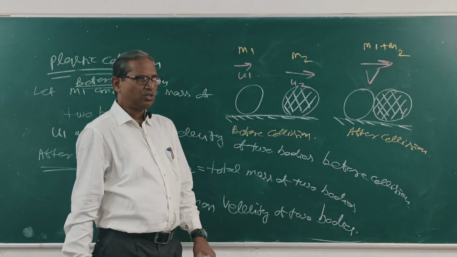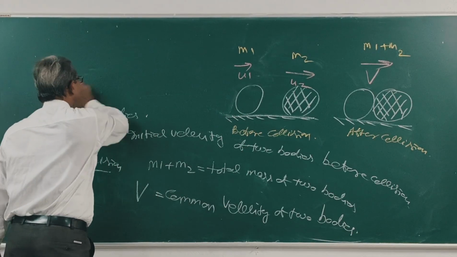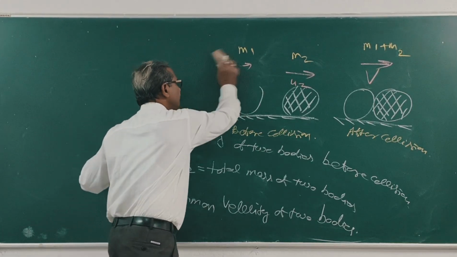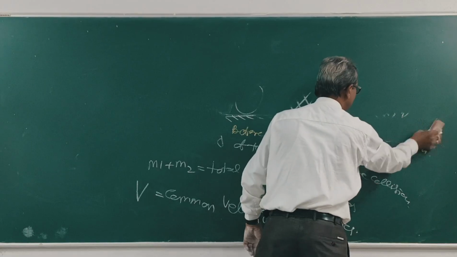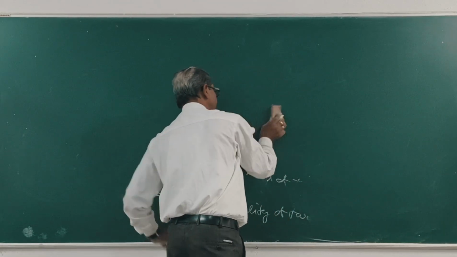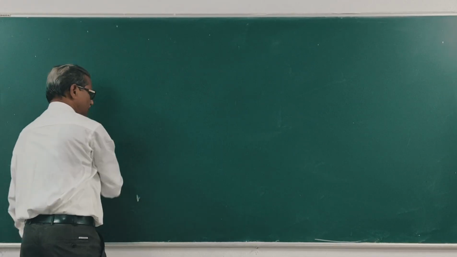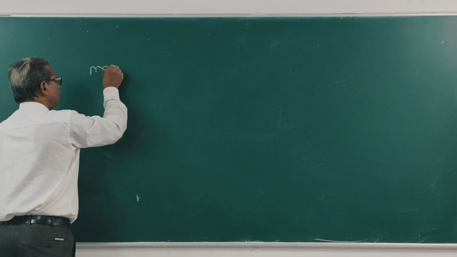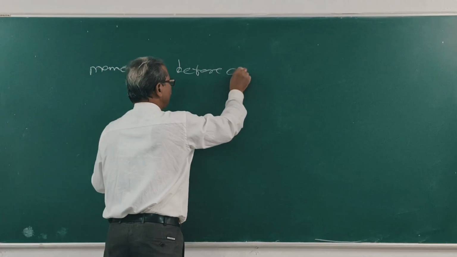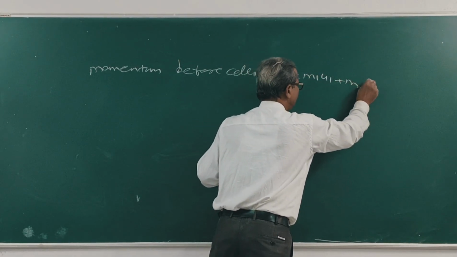Right? So what is momentum before collision? Momentum before collision is equal to m1 u1 plus m2 u2.